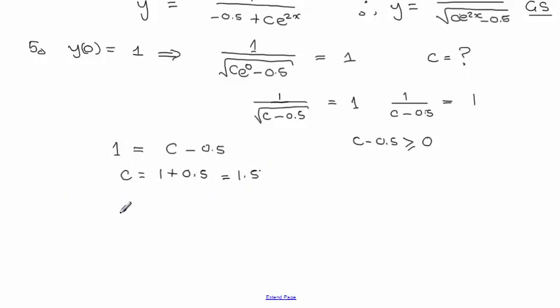Now writing the particular solution, we'll take this as y equals 1 over the square root of 1.5 e to the power of 2x minus 0.5. That will be our solution for this exercise. I hope that is clear.